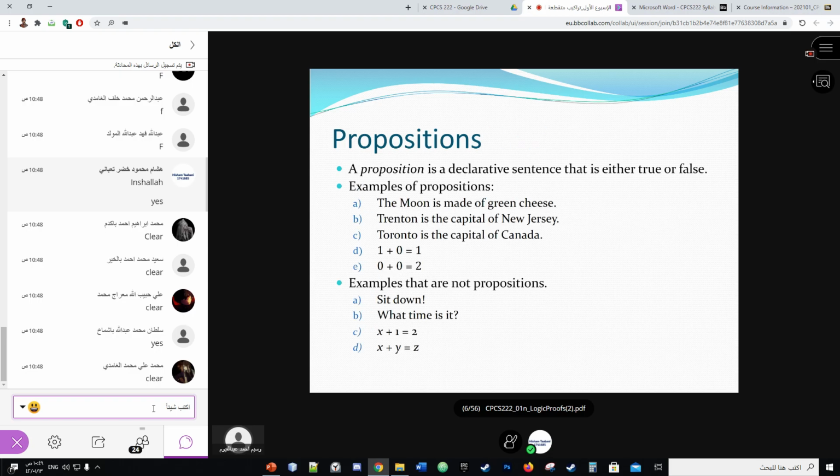In today's class, we looked at what is a proposition. I hope you all understand clearly what a proposition is: a statement which has either a true value or a false value.